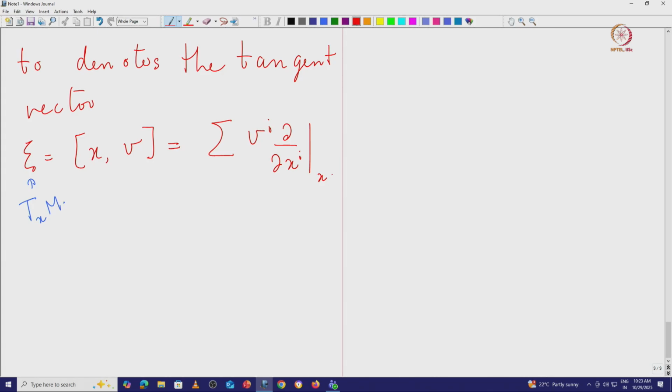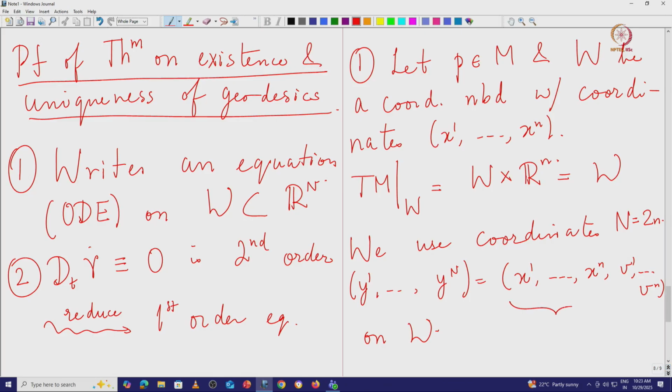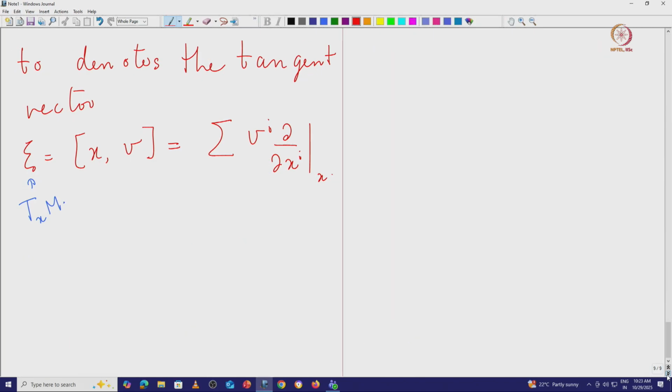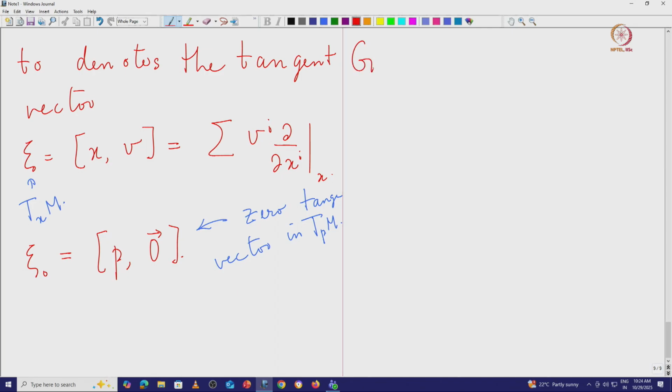So, using this tuple you can parameterize all tangent vectors at all points on this neighborhood W. So, then also let psi naught be the tangent vector corresponding to the 0 vector, so this is really the 0 tangent vector in the tangent space at P to M. Now what is the geodesic equation in these coordinates?